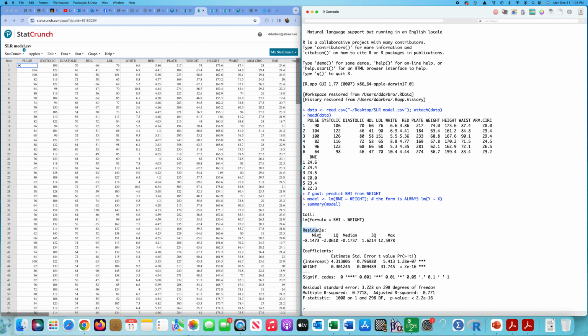The next thing it gives us is descriptives of the residuals. We talked about residuals in one of the previous videos. Remember, residuals play an important role. It's just the observed Y minus the predicted Y. So of all the residuals, the minimum was negative 8.14 and the max is 12.6. The median and the first and third quartiles are given.